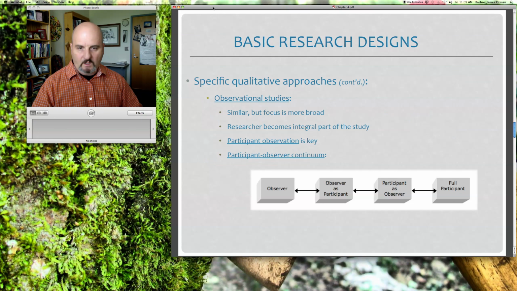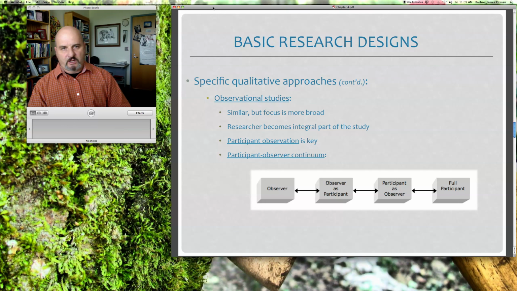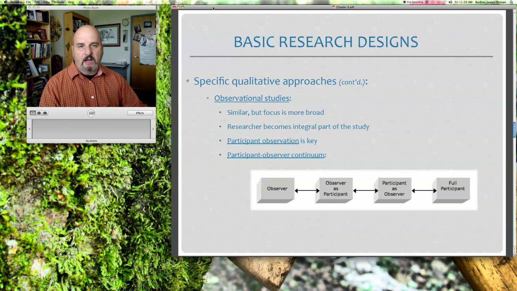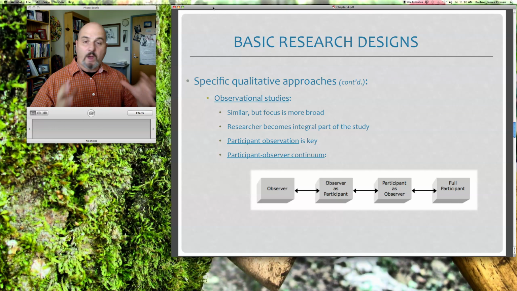Okay. All right, so looking at observational studies. Now, the reason that I keep coming to observation is, again, because that's one of the requirements of your research project in this class. We're going to talk about this a lot. Mertler discusses it at length. You have some articles that you're going to be reading that discuss this, but it's something that is very natural in the way it occurs within a research study.